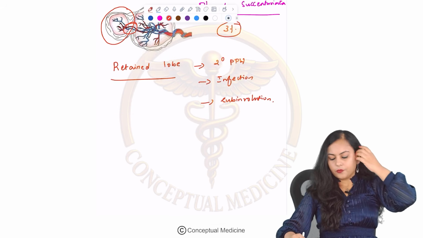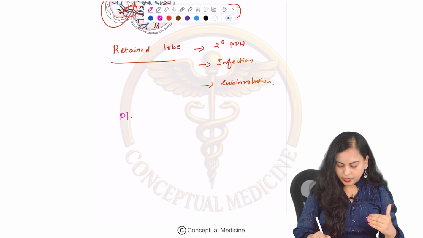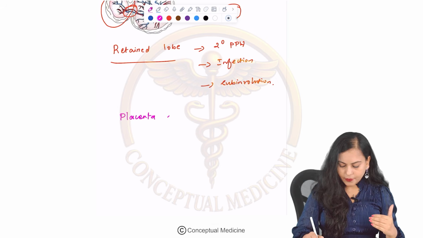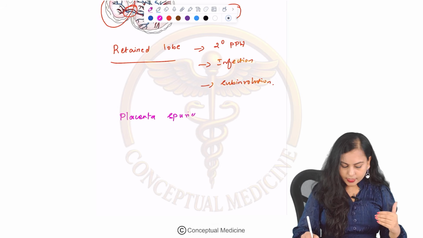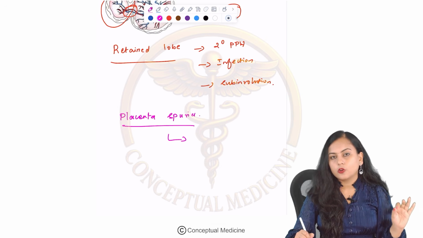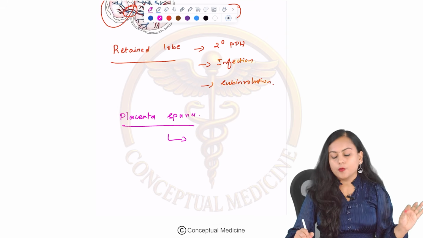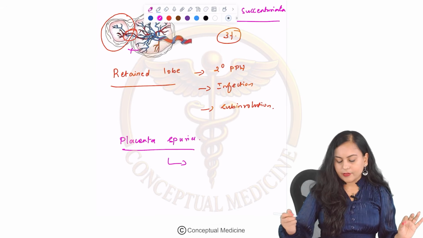Now, we have another similar thing, that is placenta spuria. Placenta spuria means there is one small lobe of placenta that is away from the main lobe, but they are not connected by vessels.